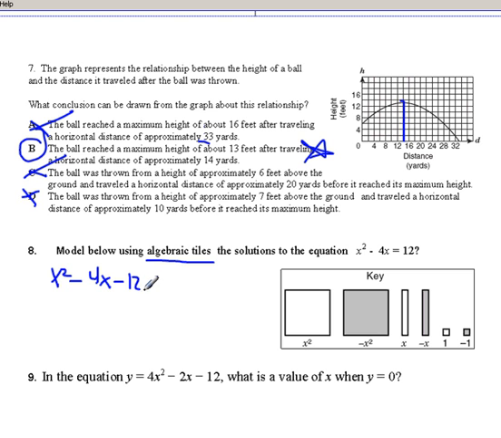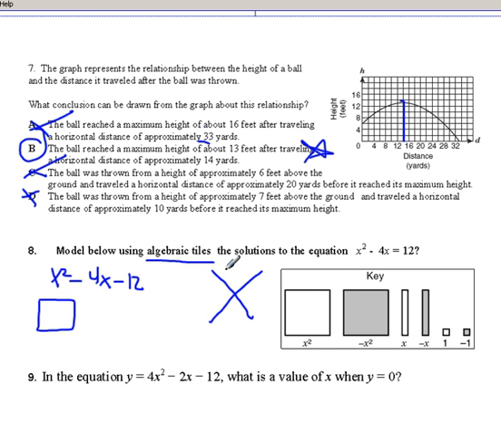So we actually need to figure out our factors here. So let's draw, we need an x squared tile. And then we've got to figure out how to make negative 12 with negative 4x's. So really it's kind of like the x game.